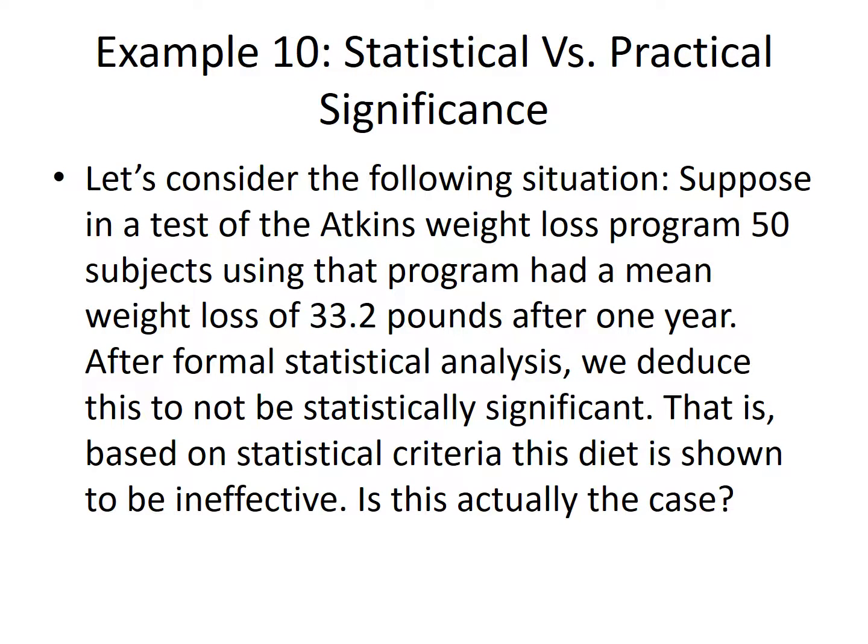Here's another example. Let's consider the following situation. Suppose in a test of the Atkins weight loss program, 50 subjects using that program had a mean weight loss of 33.2 pounds after 1 year. After formal statistical analysis, we deduce this to not be statistically significant. That is, based on statistical criteria, this diet is shown to be ineffective. Is this actually the case?